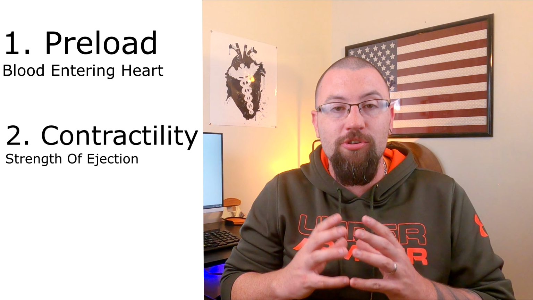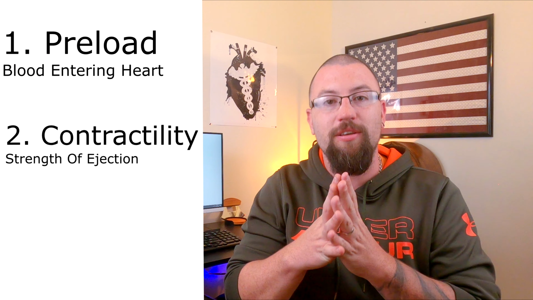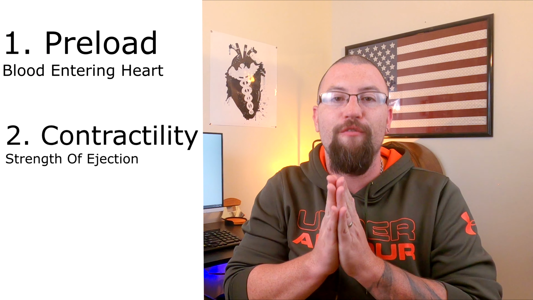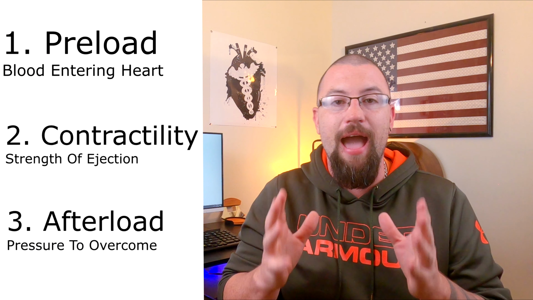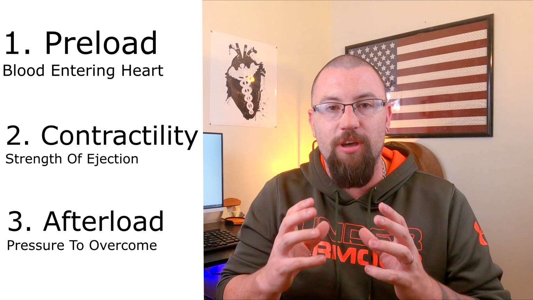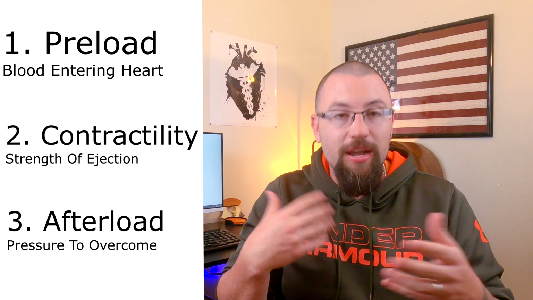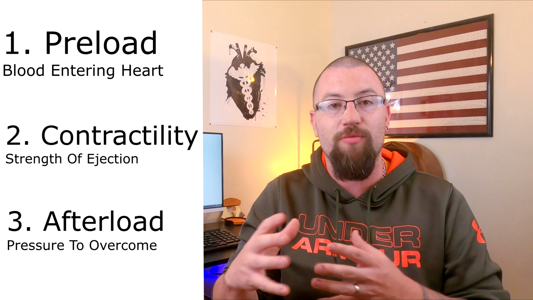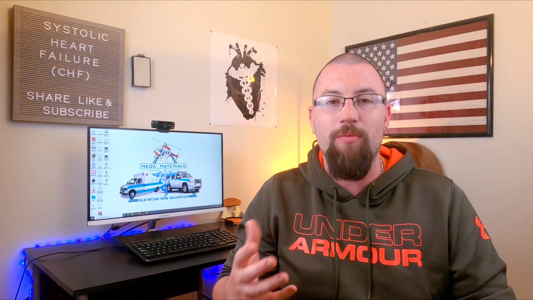Second, contractility, or how strongly the heart can eject the blood from the heart. And lastly, the afterload, or the amount of pressure the heart must overcome to eject that blood into the aorta and surrounding vasculature. Afterload comes more into play when we speak about diastolic heart failure, so let's just pocket that for now and focus on contractility.